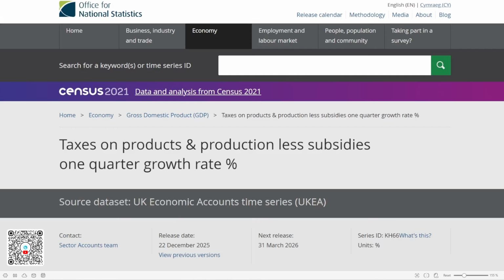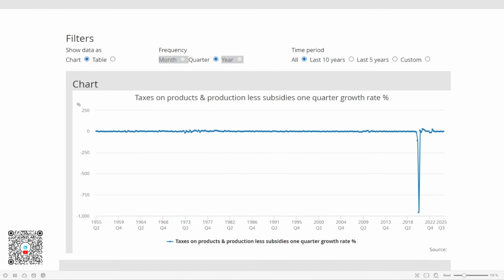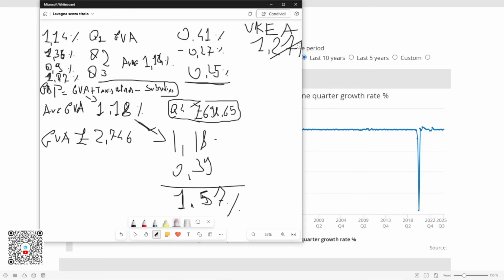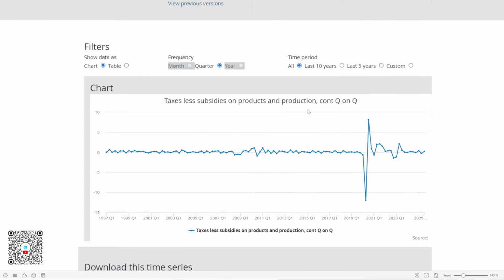But it's very interesting to see how the UK economic account time series, the UKEA of taxes on products and production less subsidies, mirrors more or less, with an average 1.27% in 3 quarters, what results to be the average percentage gross value added plus the national account time series for the tax less subsidies on products.